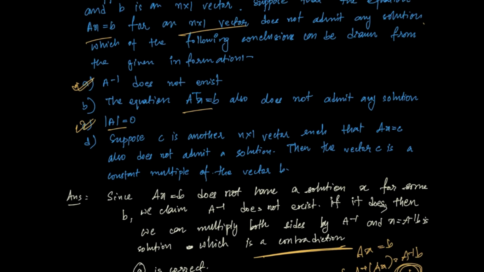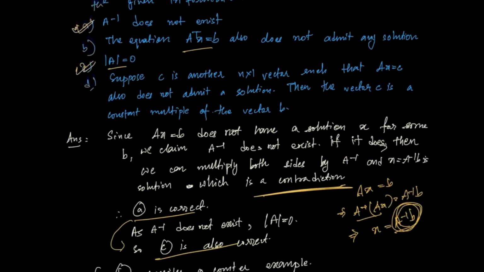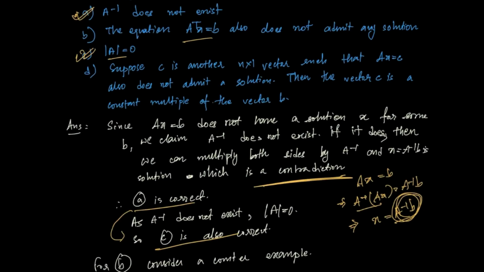So I'll give a hint why we intuitively understand that B actually should not be true. Look at this kind of matrix A that I have, which has just one column as 1, 1, 0 and the other two columns are all zeros.